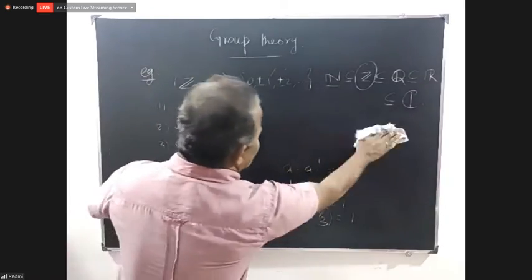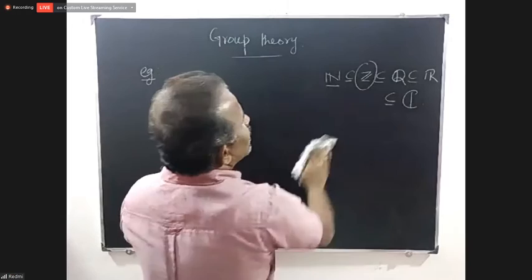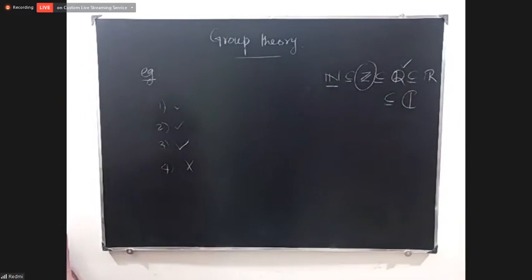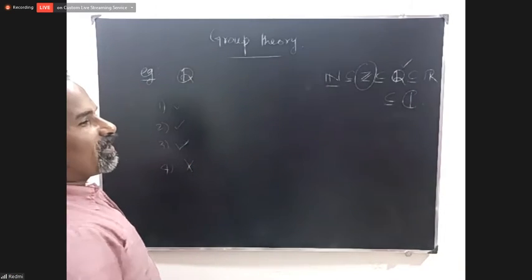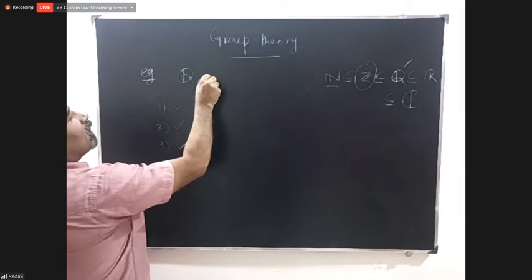Then I come to the next number system, that is Q, the set of all rational numbers, with respect to plus.